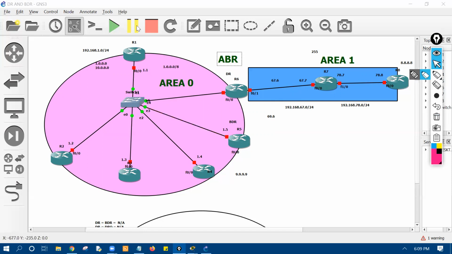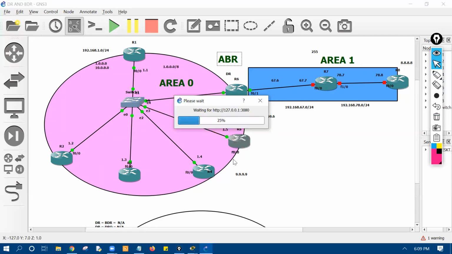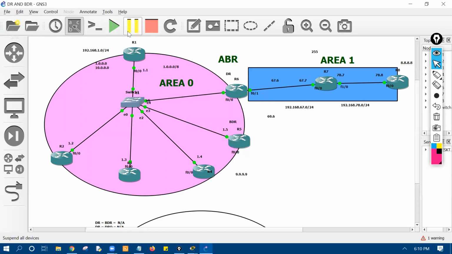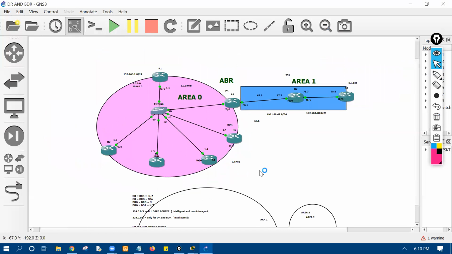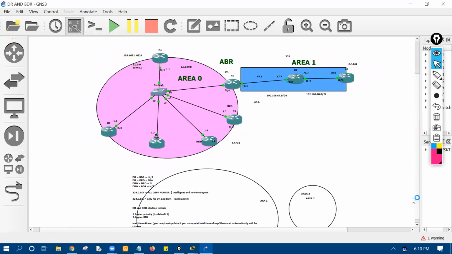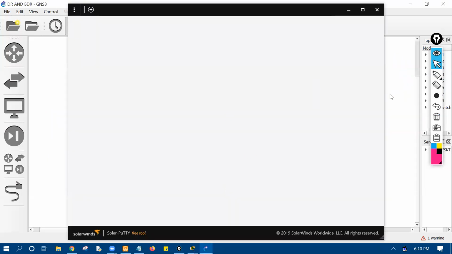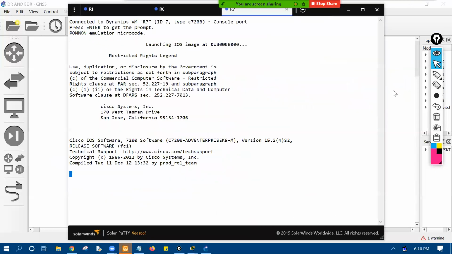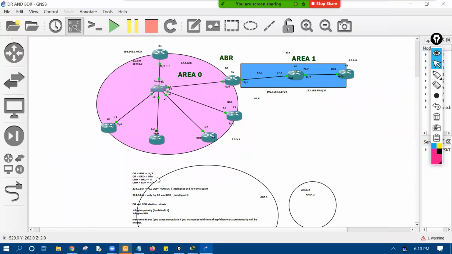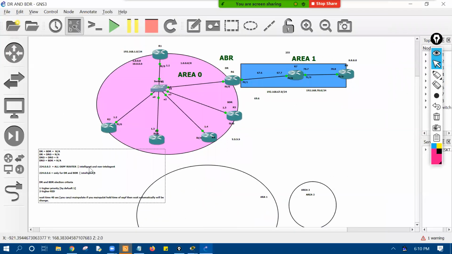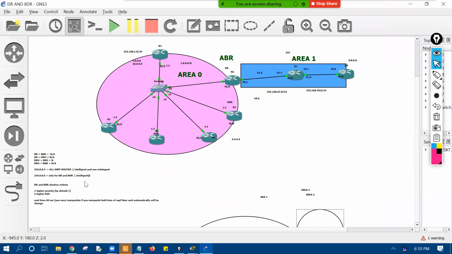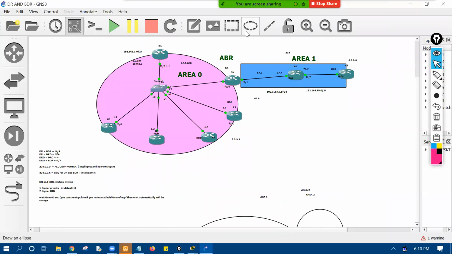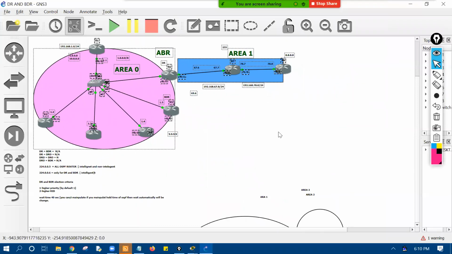So let me start all these routers and let's provide the basic connectivity right now. Let me take a console of this one. Is it fine?